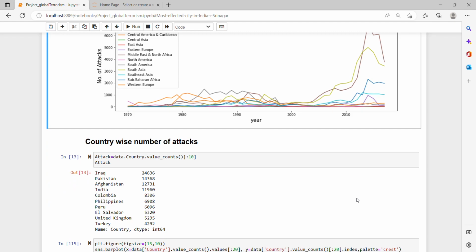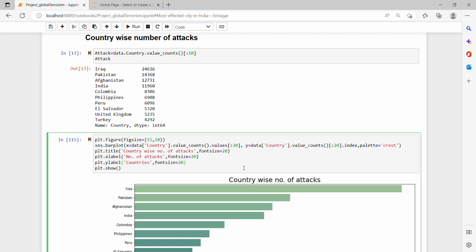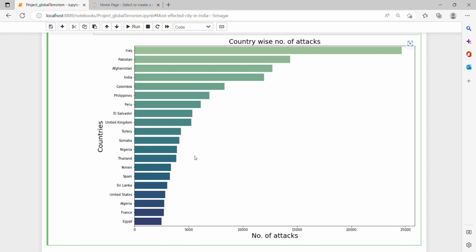Now coming to the country-wise analysis, we can see that Iraq is the most affected country by terrorist groups, and by this graph we can also see the top 20 countries which have always been affected by terrorist activities.